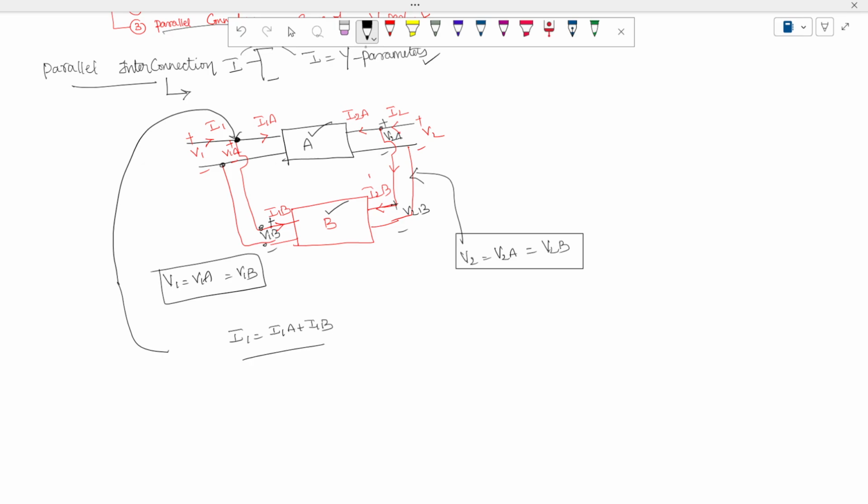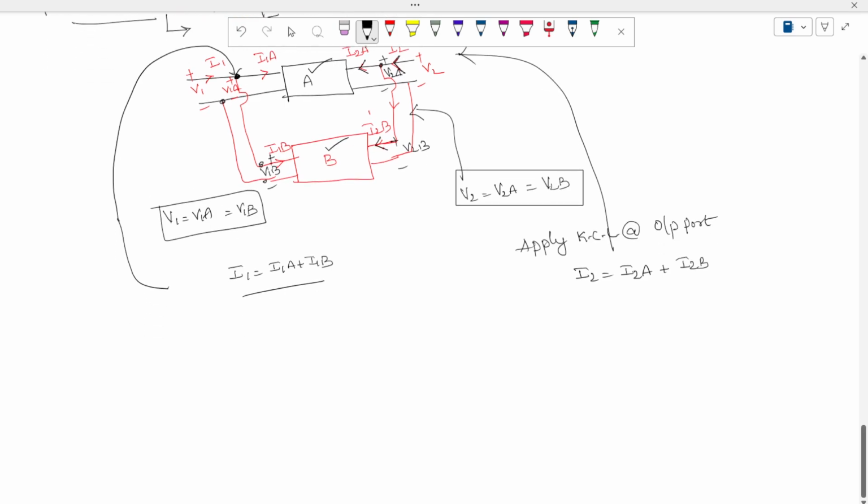And applying Kirchhoff's current law at the output port, the entering current is I2, so I can write I2 is equal to I2A plus I2B, where I2 is the entering current and the leaving currents are I2A and I2B.